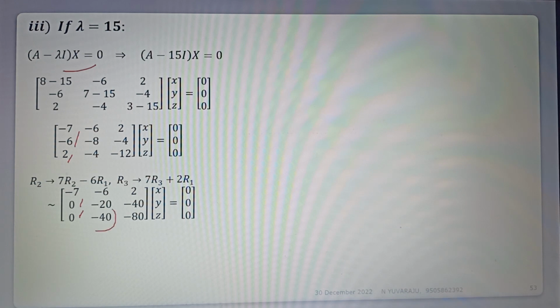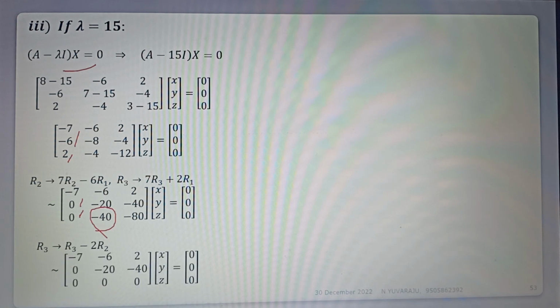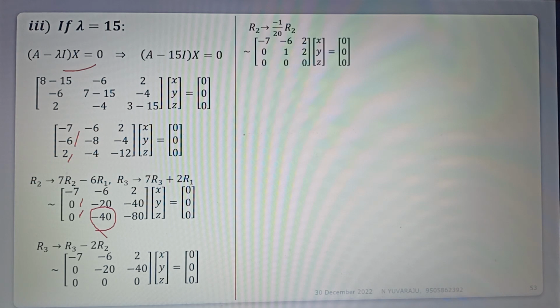Next, using R2: R3 minus 2R2, so this is a 0. For simplification, R2 by minus 20. So we get minus 7, minus 6, 2; 0, 1, 2; 0, 0, 0.